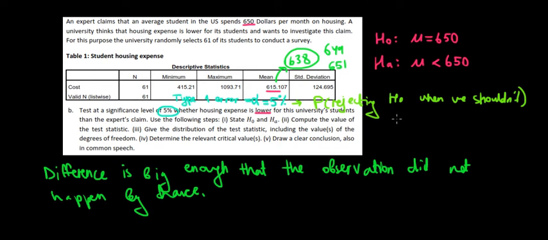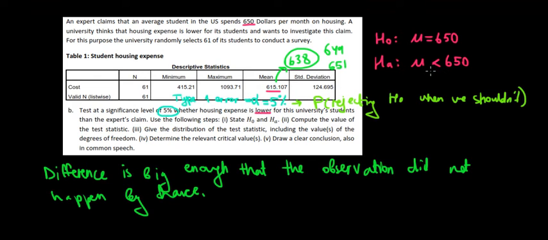Hope this makes sense. Now we allow for this 5% probability because, as we said, in statistics we cannot be 100% sure. We cannot ignore the fact that we can go wrong. But let's see if this observation is going to be so different that in spite of this alpha, we will still be confident enough to say that this difference is significant.